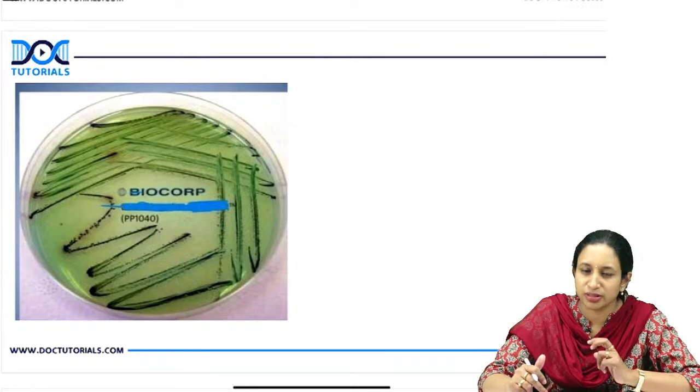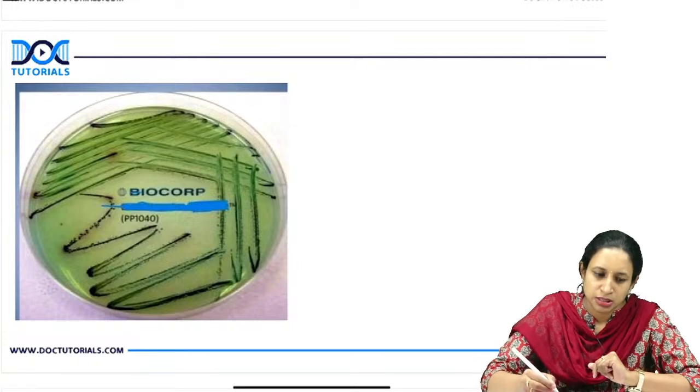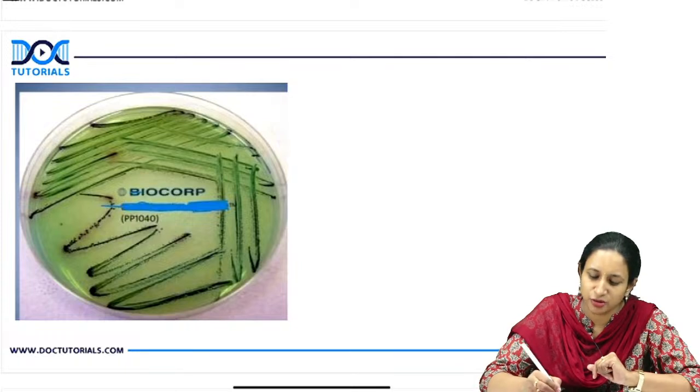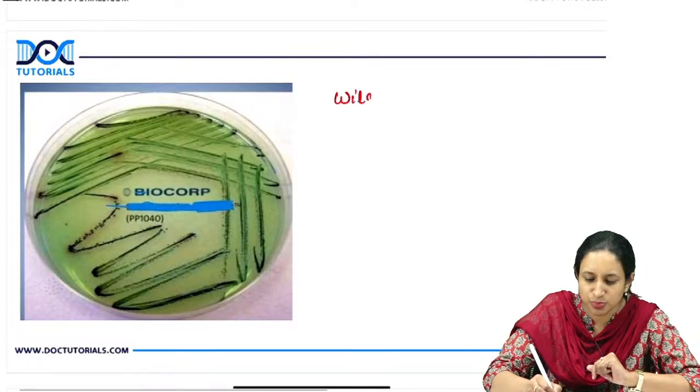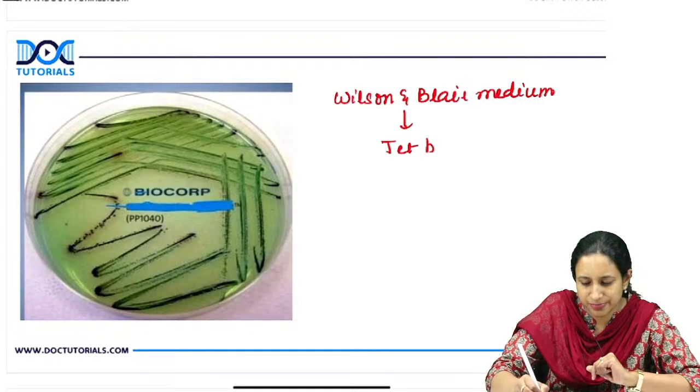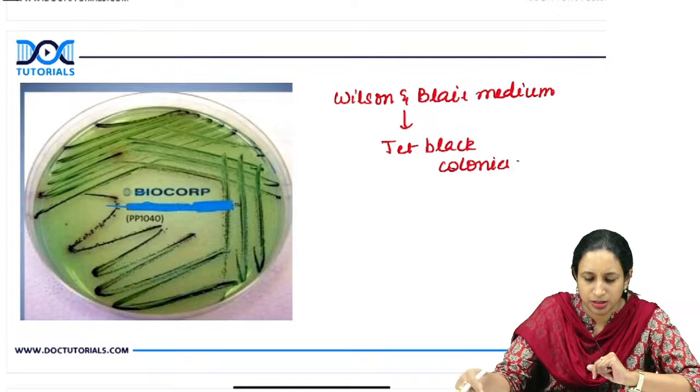Somebody tell me what gives jet black colonies. Very good. And this particular media is Wilson and Blair medium, which is giving you jet black colonies.